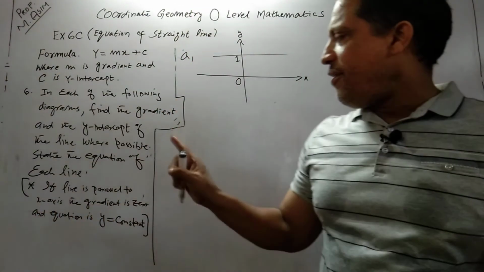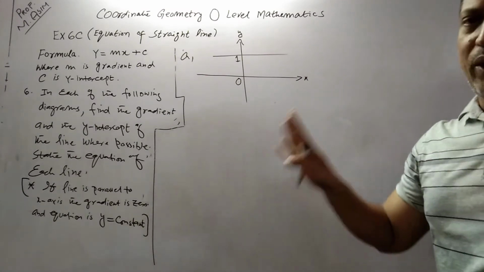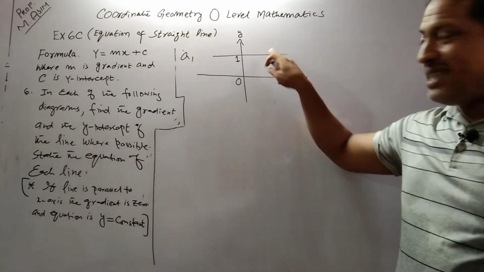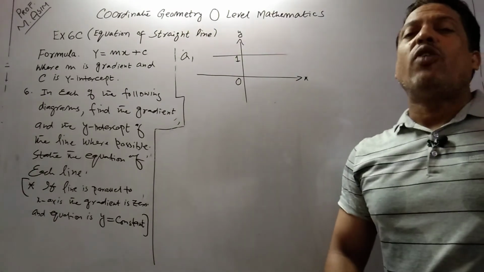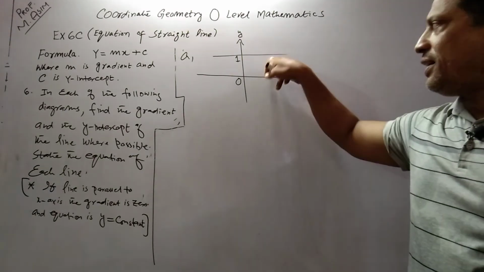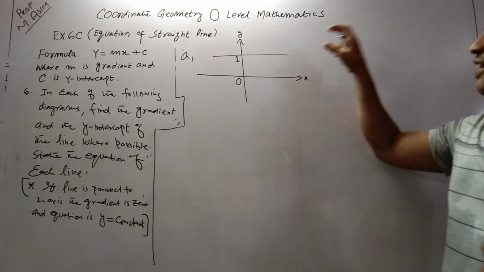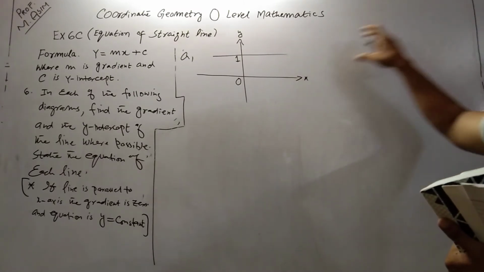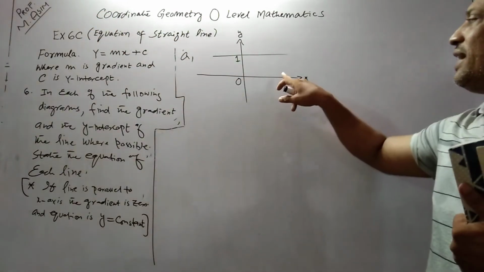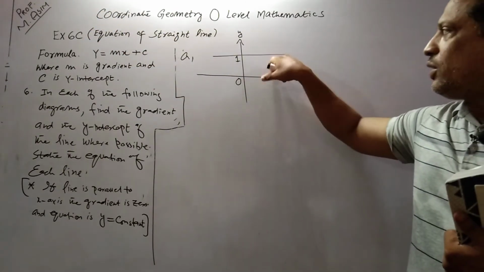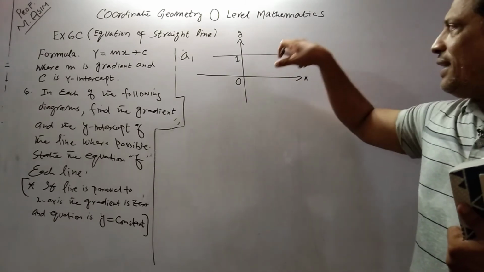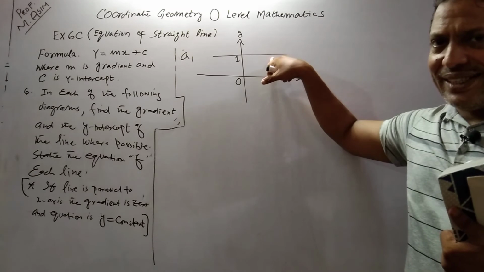If a line is parallel to the x-axis, this given line is parallel to the x-axis. Why do we call it parallel? Because these two lines never meet at any point. Even if I extend this line in this direction, or if I extend this line in this direction, this line cannot meet this line. Therefore, this is the x-axis and this is parallel to the x-axis.